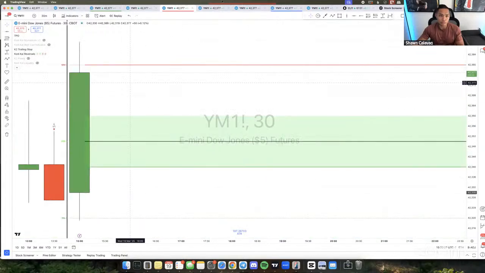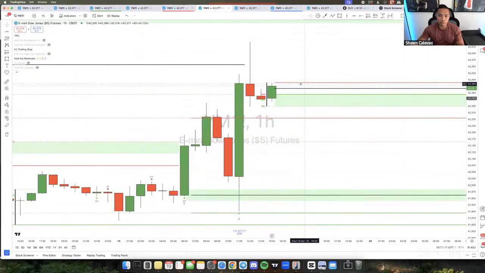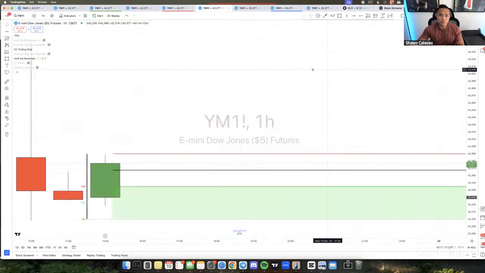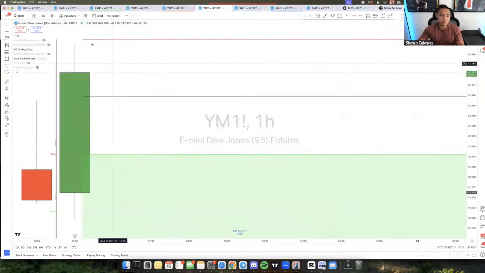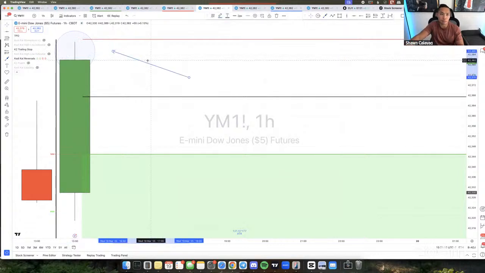This is also bouncing off the value high right here, right? And I go over to the 1 hour and I see the same thing, but if this ends up pushing up a little higher and bounces off the value high right there too, then I'm going to be more inclined to take a sell here, right? Because I got 3 confluences on 3 different time frames pointing towards a downwards push.